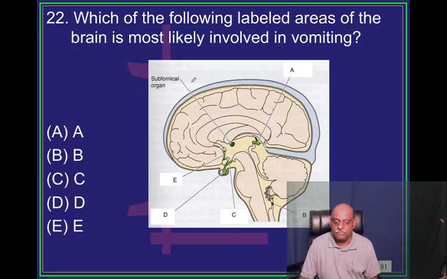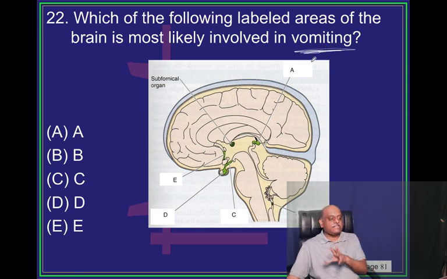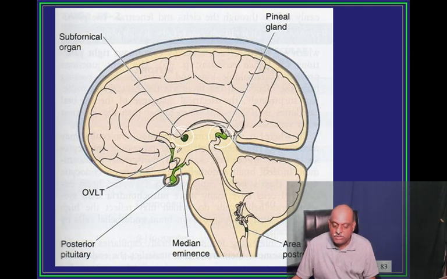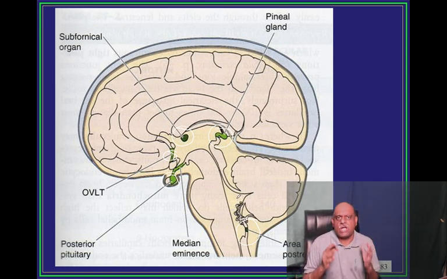Now, doctor, what is the area involved in vomiting in this classical picture? So you should know, this is pineal gland, doctor. This is subfornical organ. This is OVLT. And this is posterior pituitary. And this is area postrema. What is common to all these organs?